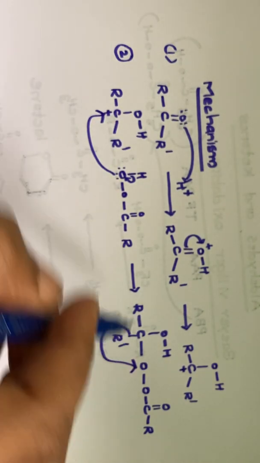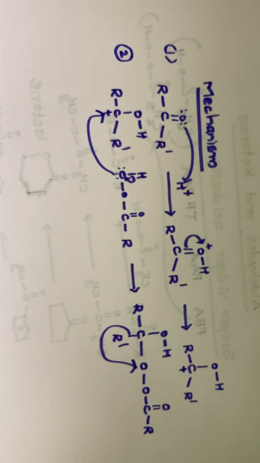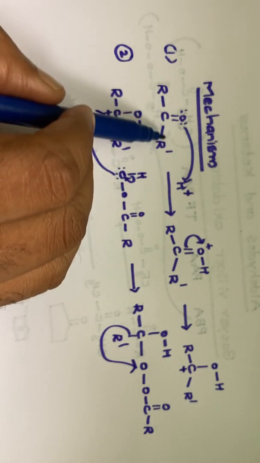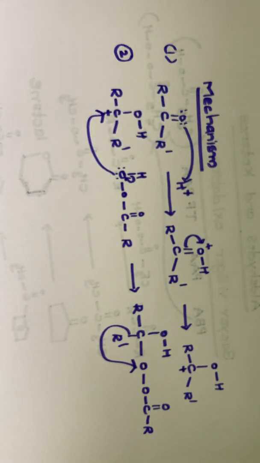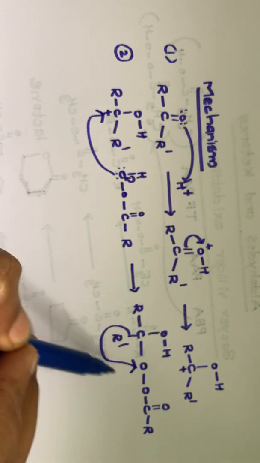Now the question is, which group generally migrates? If the ketone is unsymmetrical, I mean if the two groups are different, then the more electron releasing group will migrate. For example, if you have tertiary, secondary and primary groups, tertiary will migrate because it is more electron releasing. If there is a secondary and tertiary, tertiary will migrate.